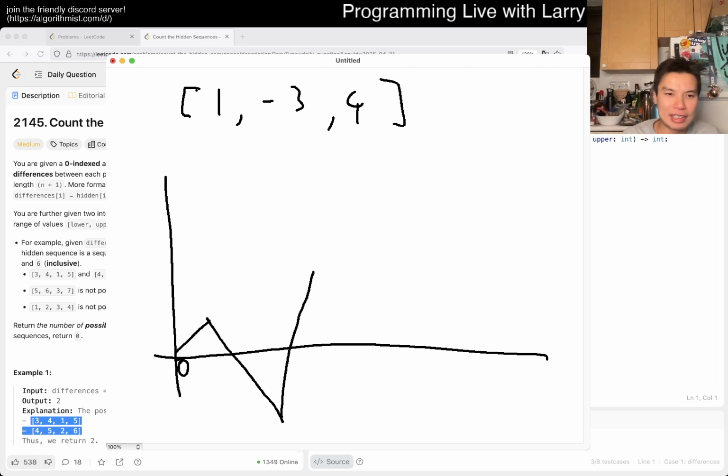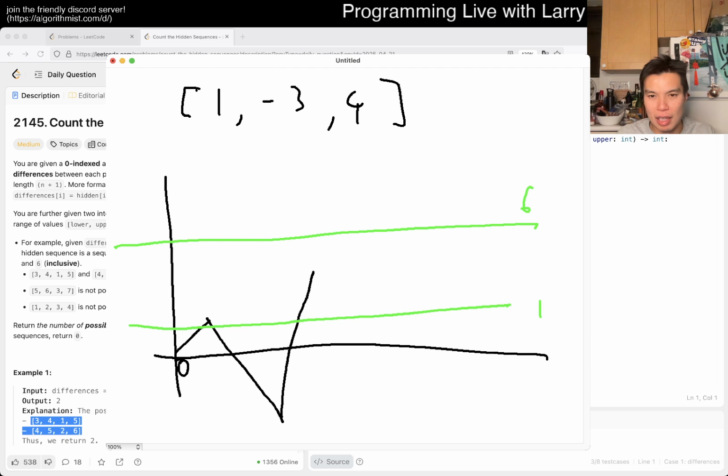The idea here is that now you have two bounds, a lower bound and an upper bound. So you have some upper bound, in this case 6, and a lower bound, in this case 1. Of course, I started drawing from this 0 delta just to get the shape of things.